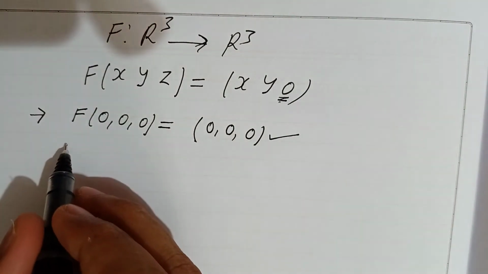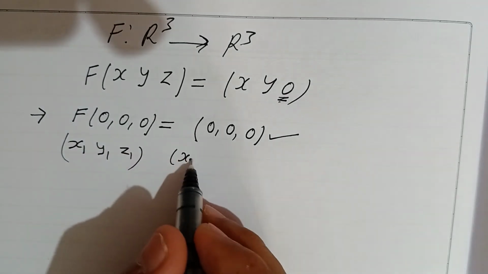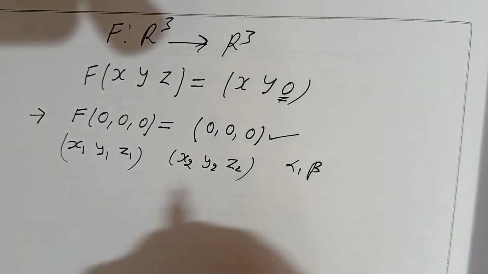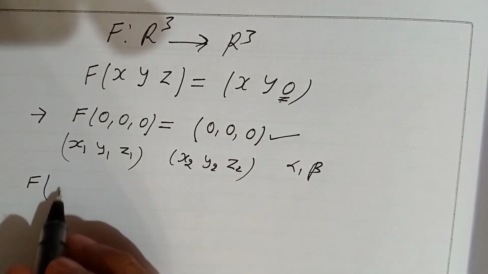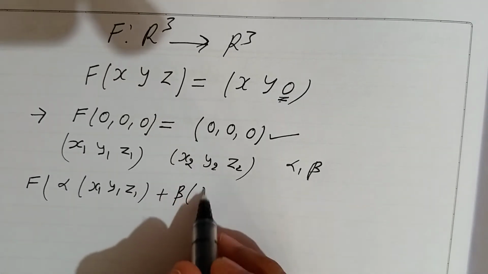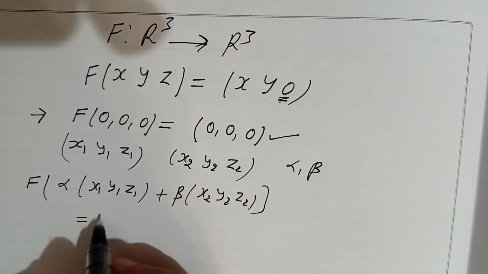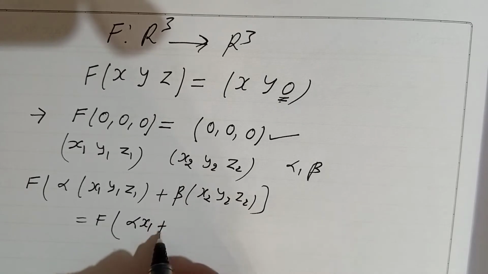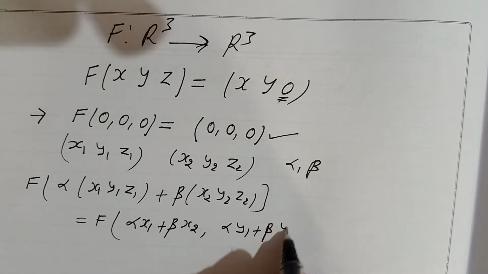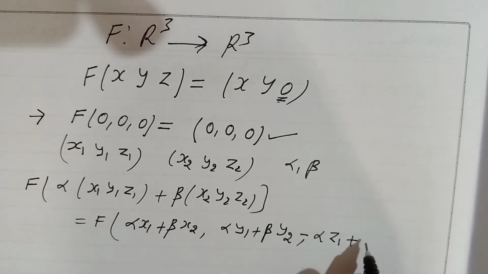Second one, let us take two elements x1, y1, z1 and x2, y2, z2, and alpha and beta two scalars. Let us check. f of alpha times x1, y1, z1 plus beta times x2, y2, z2 equals f of alpha x1 plus beta x2, alpha y1 plus beta y2, alpha z1 plus beta z2.